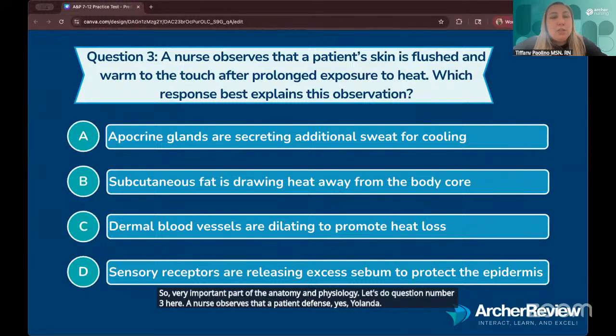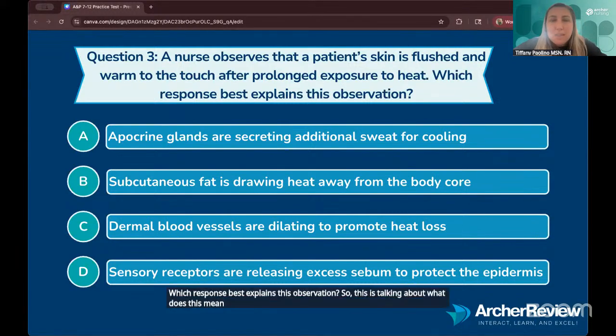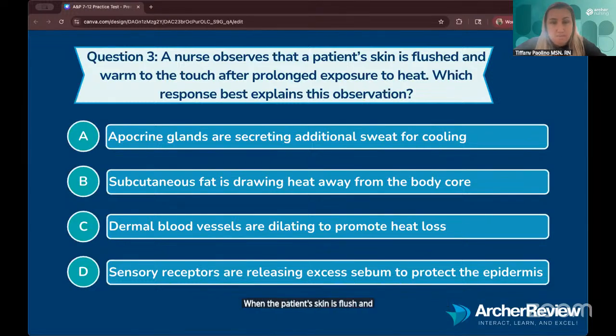A nurse observes that a patient's skin is flushed and warm to the touch after prolonged exposure to heat. Which response best explains this observation? So, this is talking about what does this mean? What is happening in the body when the patient's skin is flushed and warm after they've been exposed to heat? What is happening?